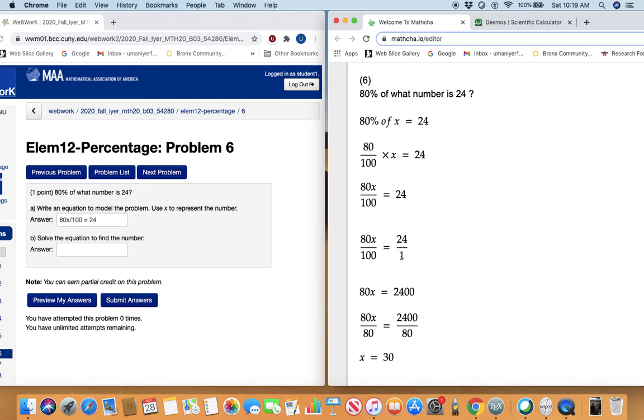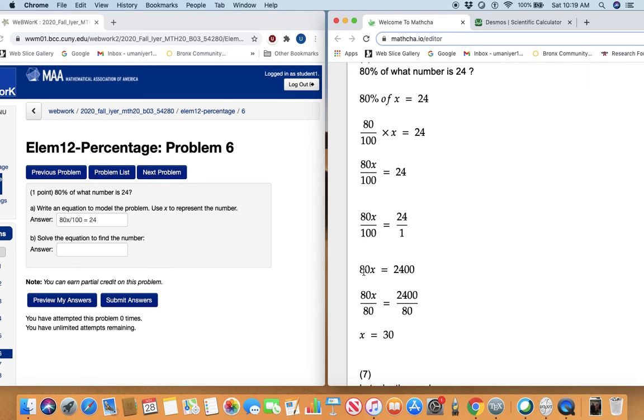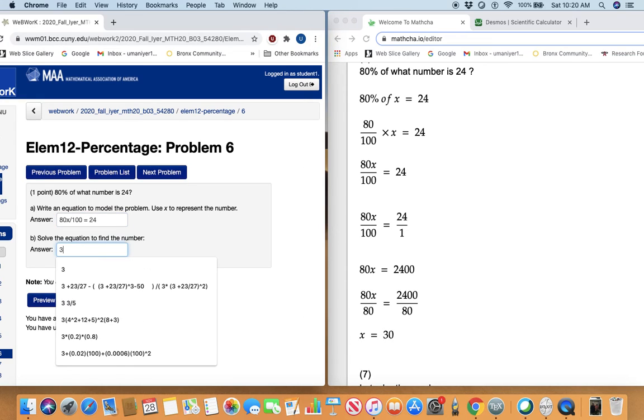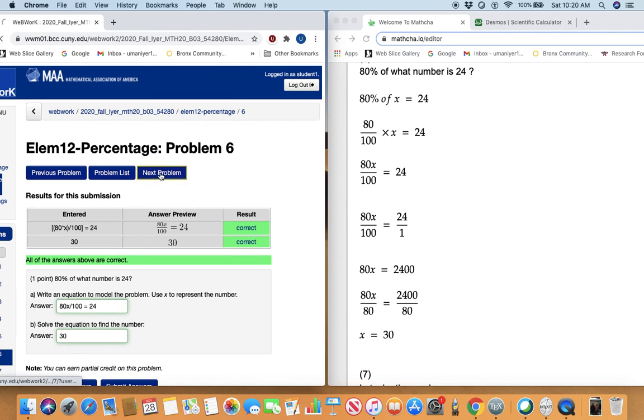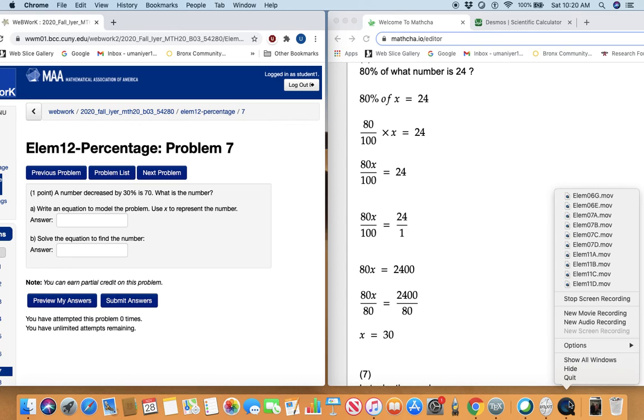Cross multiply. 80x times 1, 24 times 100. Divide both sides by 80. You get x equals 2400 over 80, which is 30. Okay, next problem we'll start on the next video.